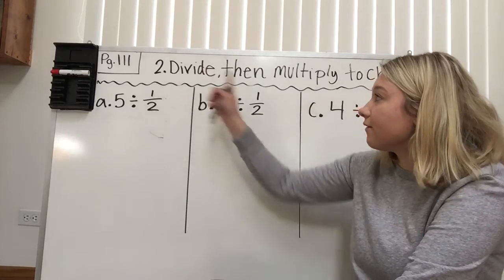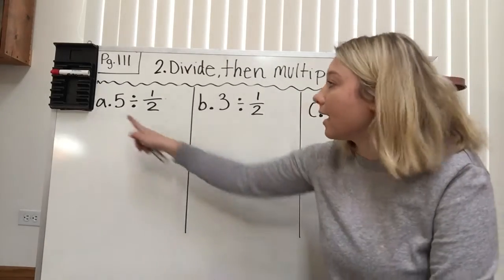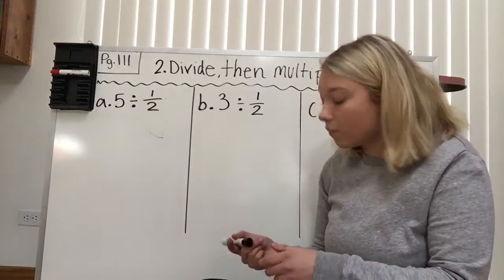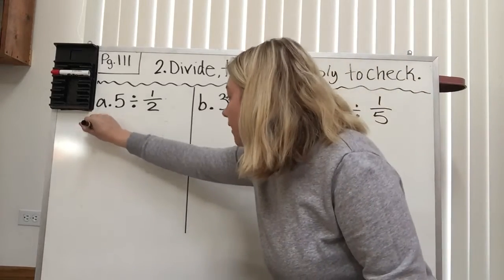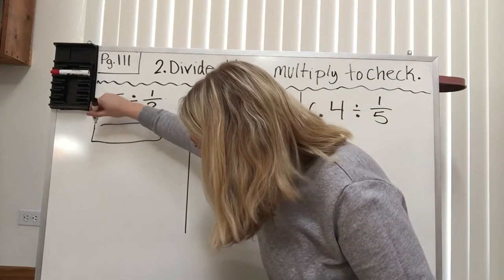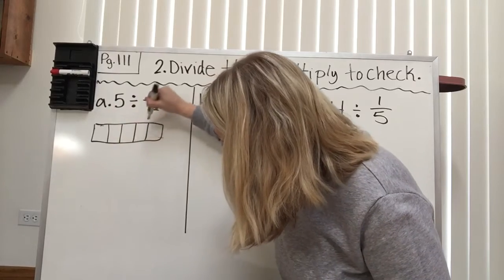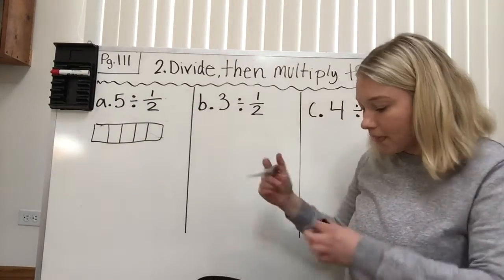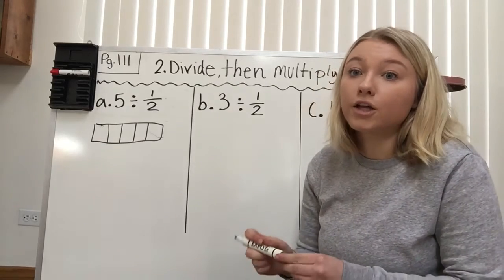It says divide, then multiply to check. So this is on the chart. And A says 5 divided by 1/2. So I'm going to start by drawing a tape diagram of 5. I have 1, 2, 3, 4, 5. Okay, so I have 5, and then I'm going to divide it by 1/2.